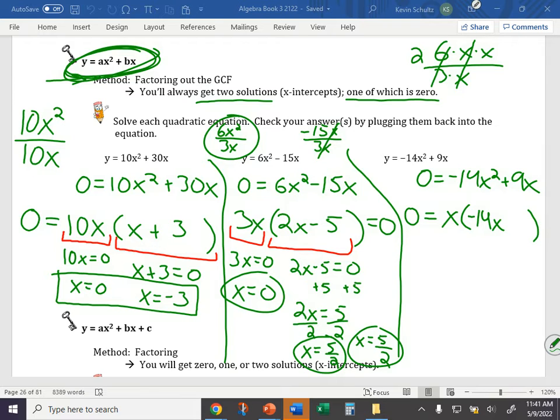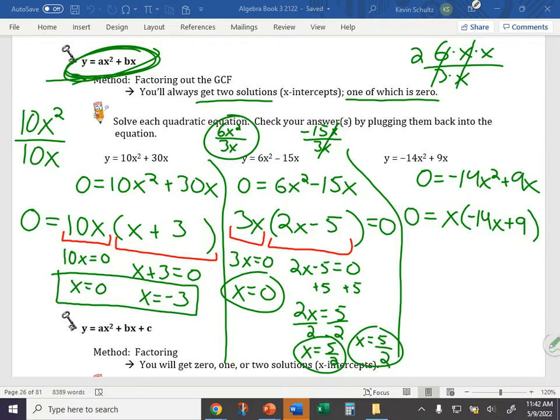You take an x out of 9x, what is left? 9. Right? So we're left with negative 14x plus 9. And again, you can double check this by taking that x and distributing it back in. x times negative 14x is negative 14x squared. x times 9 would be 9x.